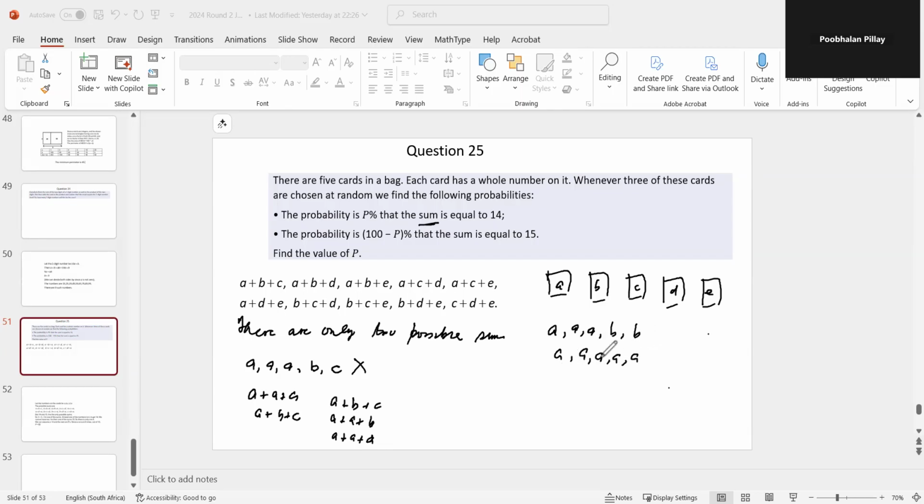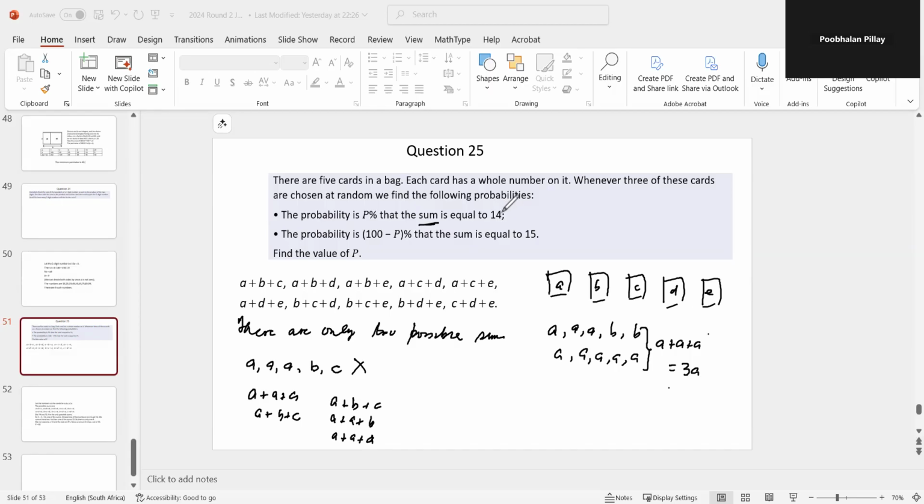That is also possible because any 3 of these will give you the same thing. But in both cases, you have that there are 3 A's. So one of the sums is A plus A, right? And that is 3A.